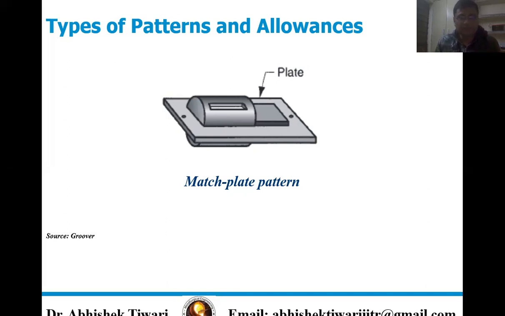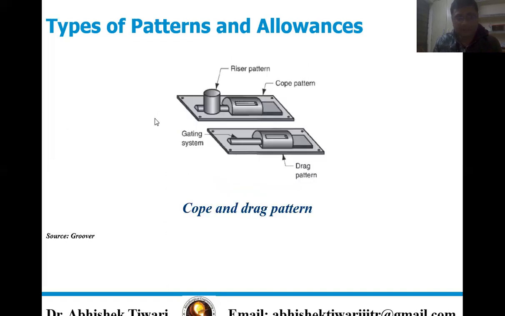In a match plate pattern we have only one plate, but in a cope and drag pattern we have two plates. So it is like one type of match plate pattern, but with two plates instead of one.